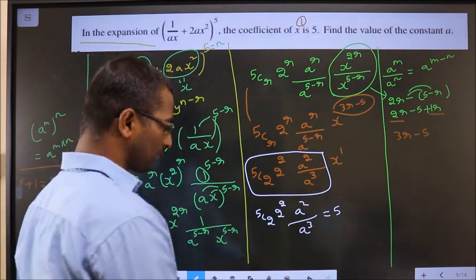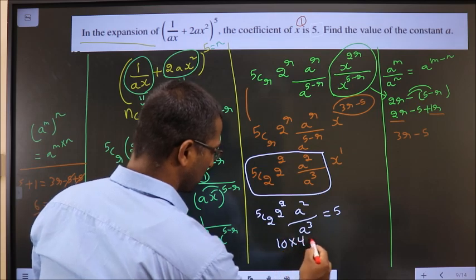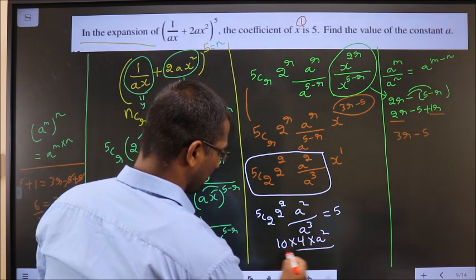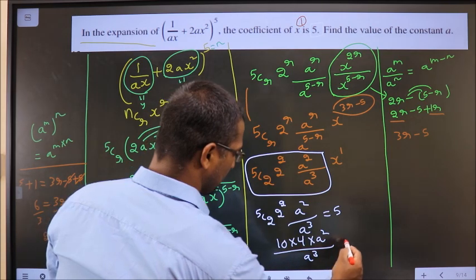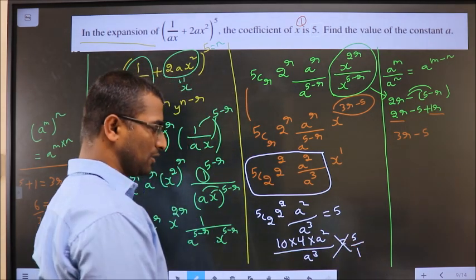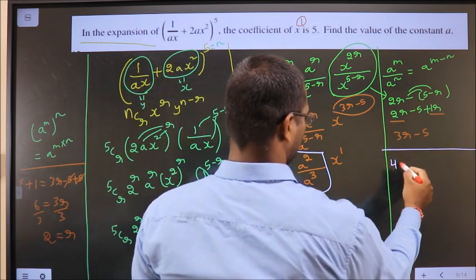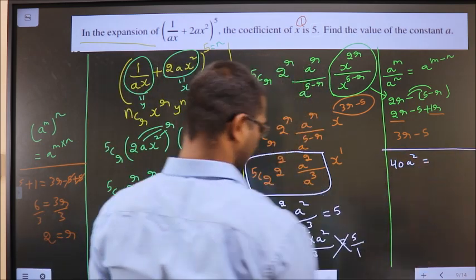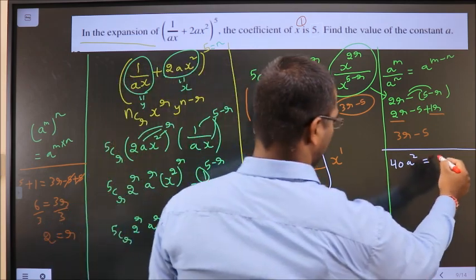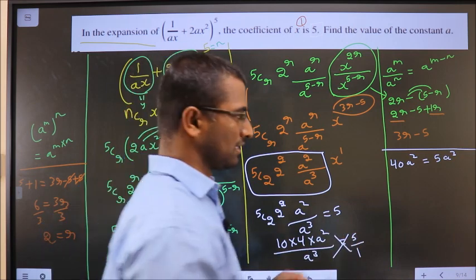Now 5C2 is 10, into 2² is 4, into a² by a³ is equal to 5. Cross multiply. How much do you get? 10 into 4 is 40, a² is equal to 5a³. Okay, next.